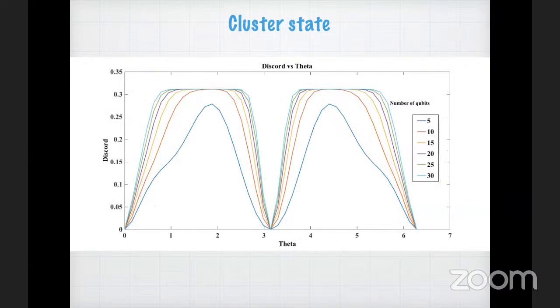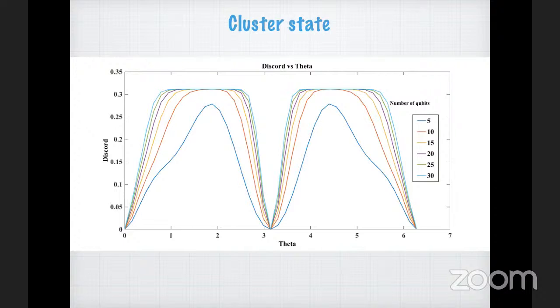But when we computed the 2-qubit discord, we got a slightly different but equally interesting scenario, where we find that except for theta equal to 0, pi, and 2 pi, you have got maximal discord in the limit of n going to infinity. We can only show a finite number of n, so this doesn't become two squares attached to each other at pi, but you can see that the trend there sort of goes towards that.